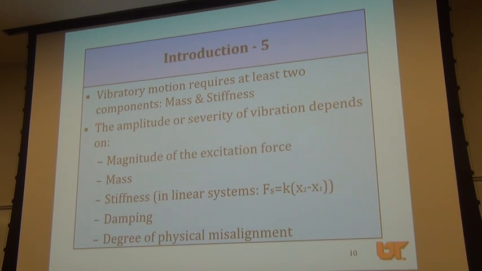So in general, most of the devices that vibrate like this, inherently they have certain amounts. They have mass, of course, and certain amount of stiffness. And the vibration frequency is somewhat controlled by those properties. And you can also have damping.